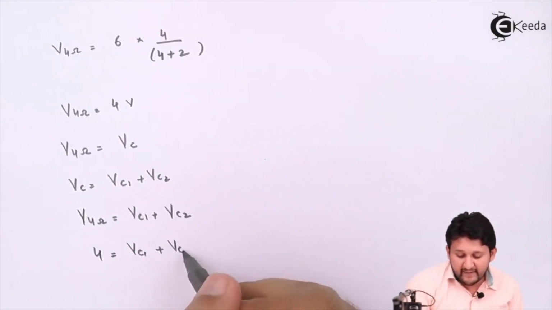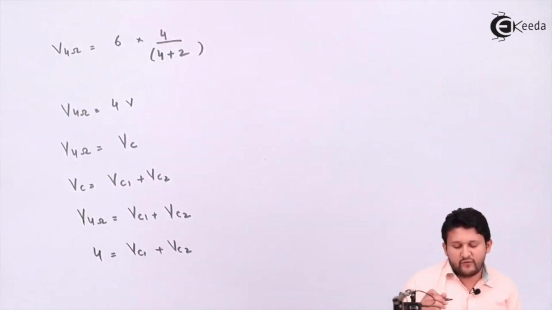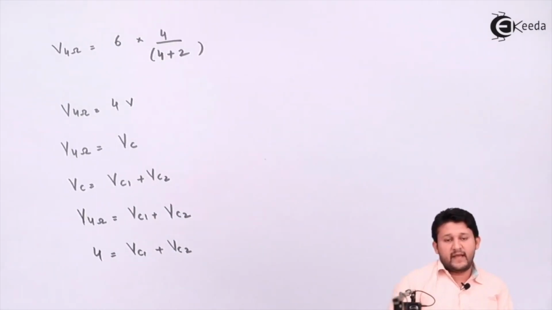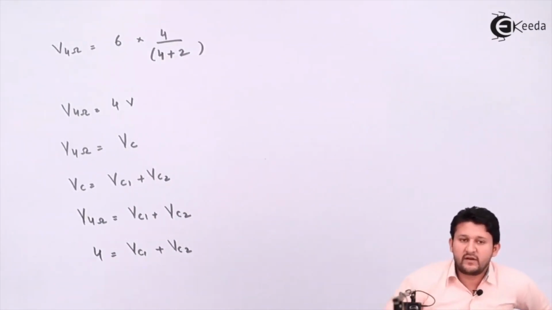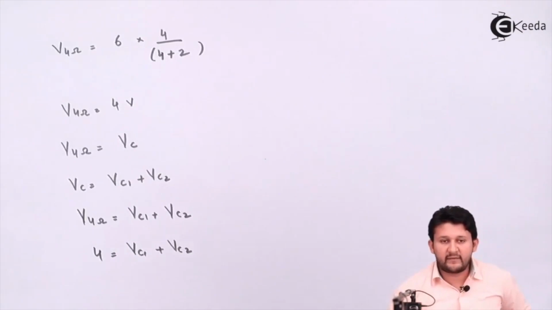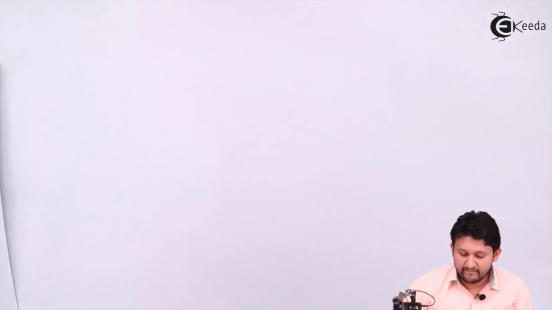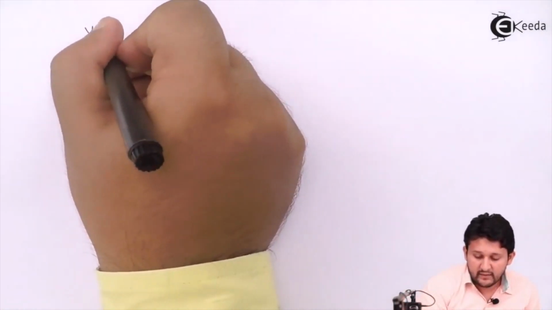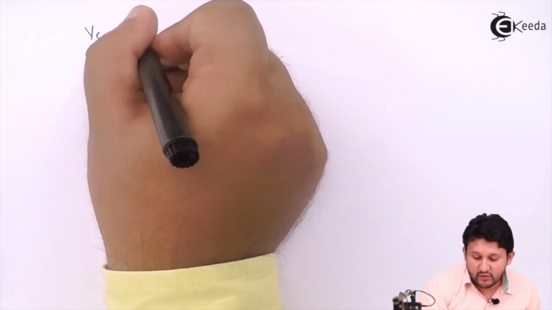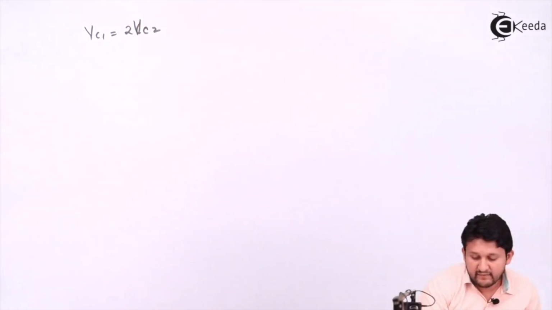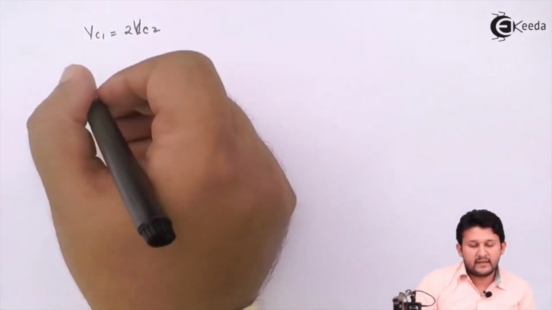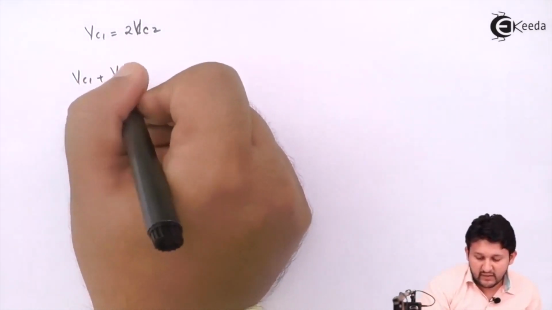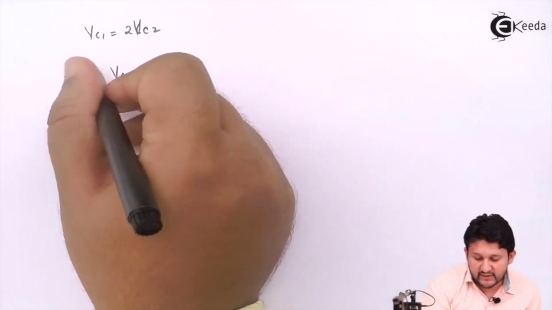So VC1 plus VC2 is equal to 4. And you have a relation between the two voltages, which you have already done in the previous case. Your VC1 is equal to twice VC2.